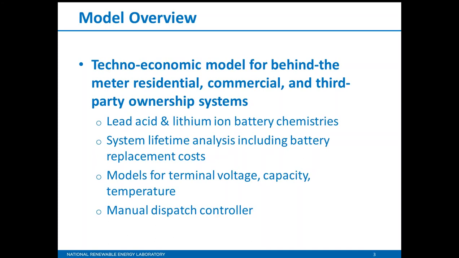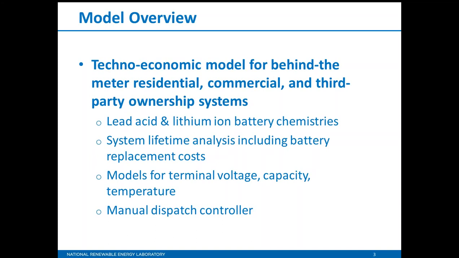Within the battery model, we have a couple of different types of batteries that you can model. You can look at lead-acid batteries or lithium-ion battery chemistries. With the analysis, you can look at a system lifetime analysis, which includes battery replacement costs. This is an important consideration because unlike a lot of renewable energy installations, batteries depend quite heavily on how you cycle them.